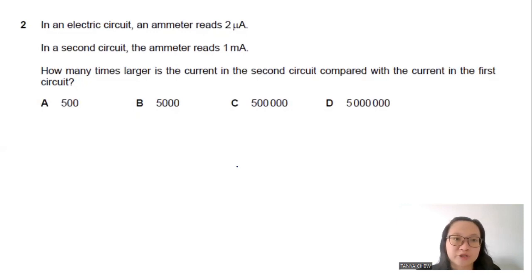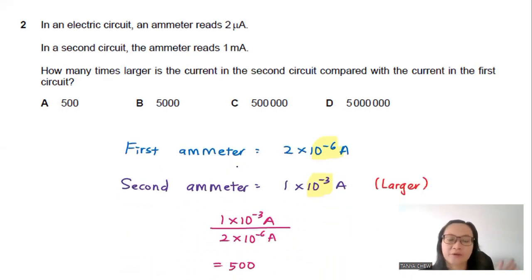Question number 2. In an electric circuit, an ammeter reads 2 microampere. In a second circuit, the ammeter reads 1 milliampere. How many times larger is the current in the second circuit compared with the current in the first circuit? This question is to test your understanding on prefixes. Look at the first ammeter, which reads micro. Micro represents 10 to the power of -6.